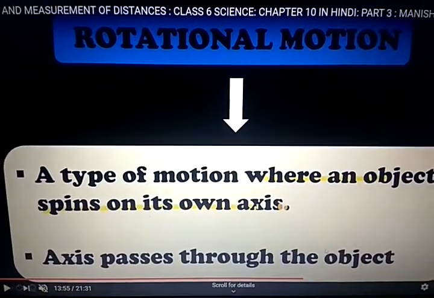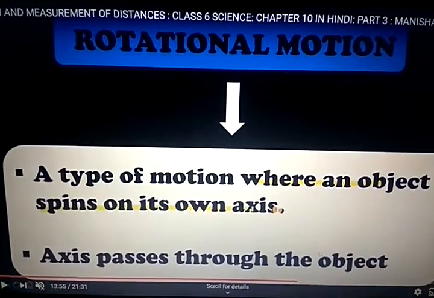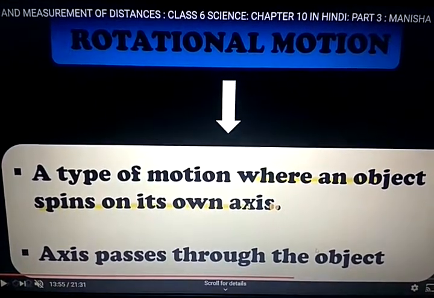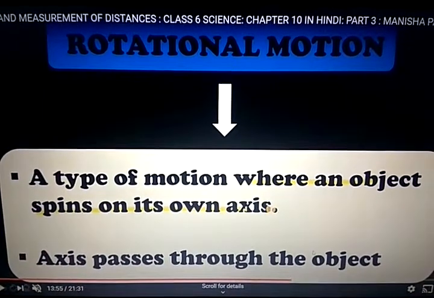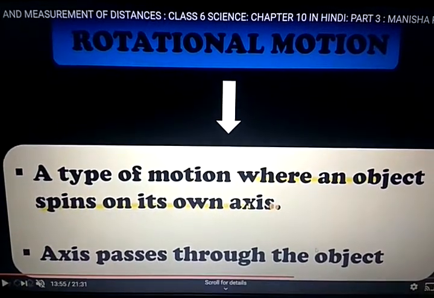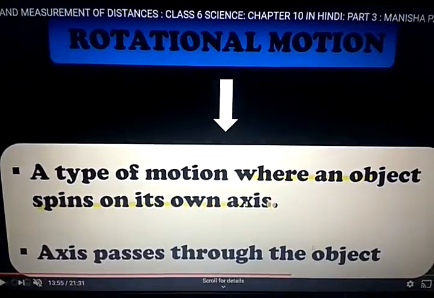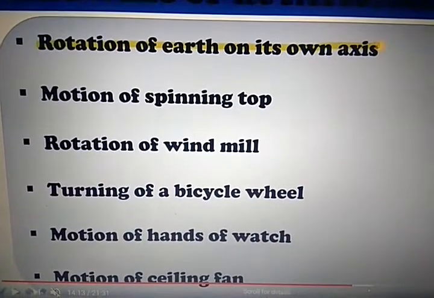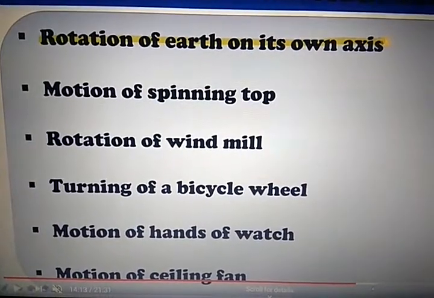Another motion, rotational motion. A type of motion where an object spins on its own axis. An axis passes through the object. You see, these are examples of rotational motion where the object moves on its own axis.